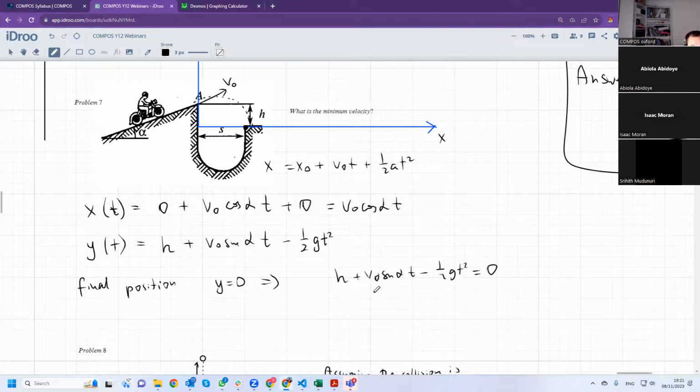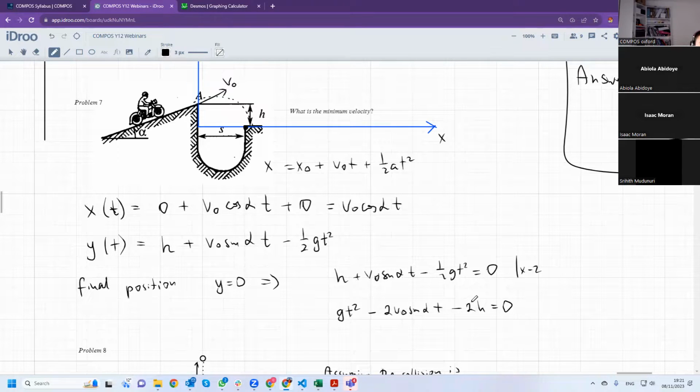We can multiply by minus 2. So it's gt squared minus 2v0 sine alpha t minus 2h equals 0.